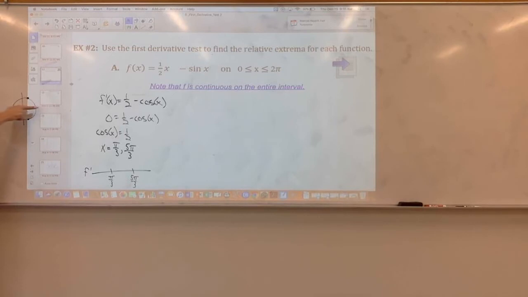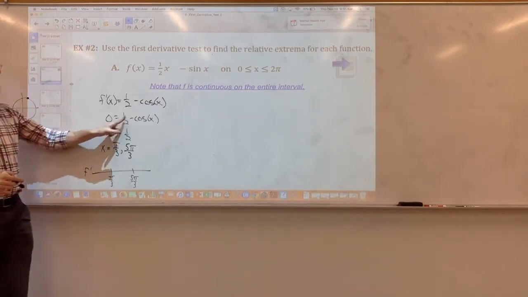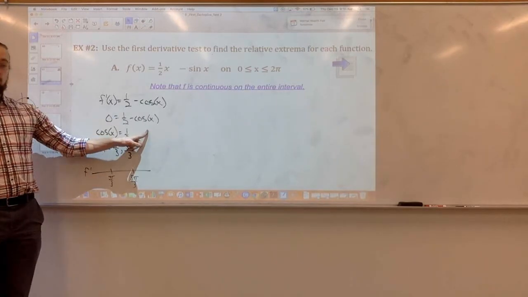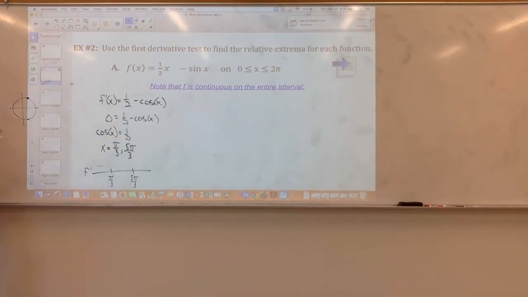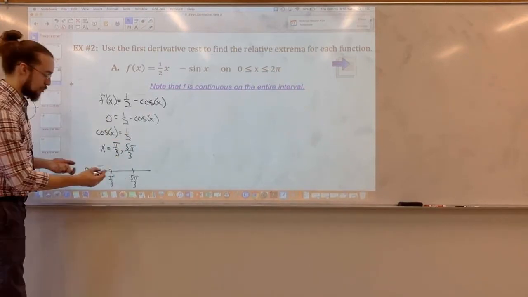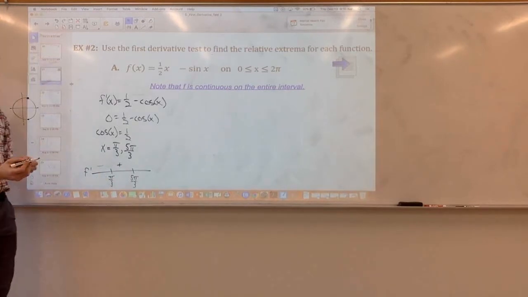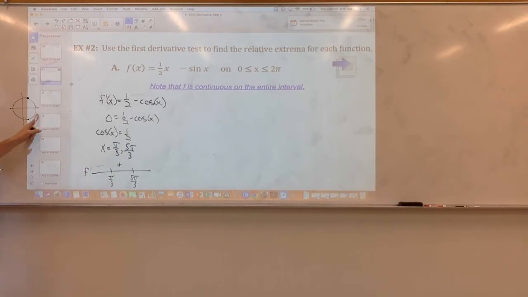So over here, on this piece, the x value is greater than 1/2. So I would have 1/2 minus something greater than 1/2. That'd be negative. Then here, I'll have something less than 1/2 on this entire piece for cosine. So I'll have 1/2 minus something less than 1/2. Positive. And then same reasoning here. So over here, I'll have something greater than 1/2.